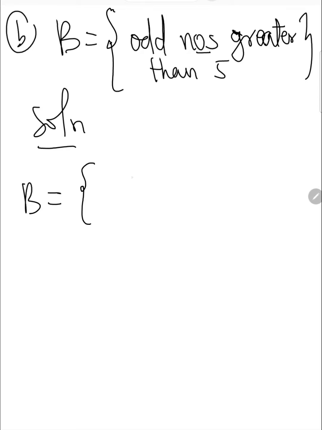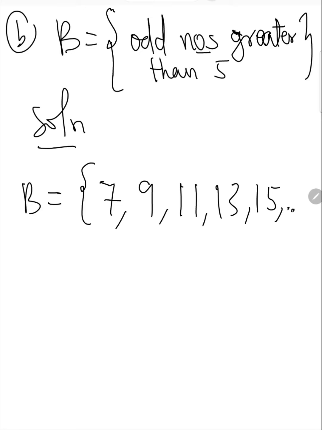So it means we must start from numbers that are greater than 5. So 6 is greater than 5. But the question is, is 6 an odd number? No. 7 is an odd number, so we can start from 7. 9, odd number. 11, odd number. 13, odd number. 15, odd number. So it continues.